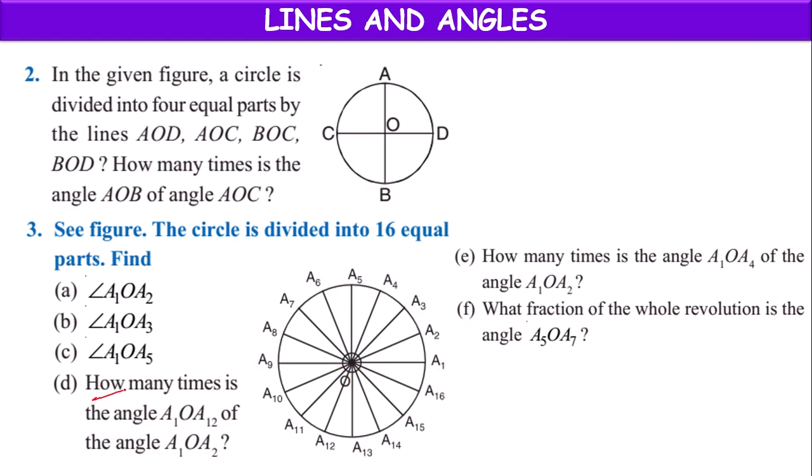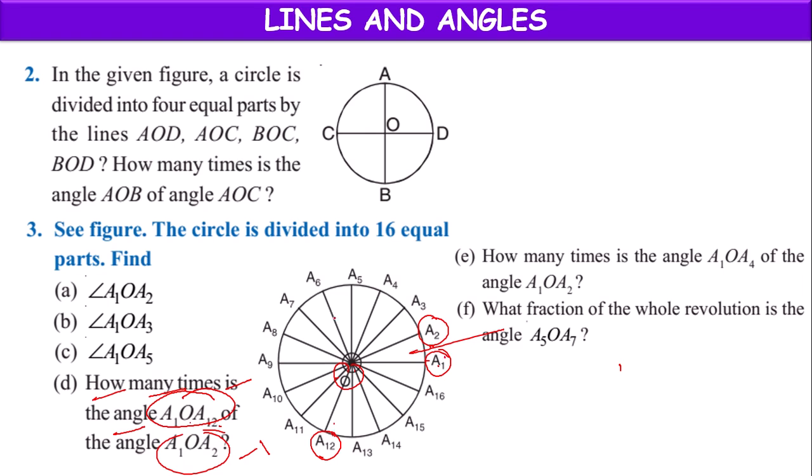Next. How many times is the angle A1, O, A12 of the angle A1, O, A2? A1, O, A2 is one part. But A1, O, A12, how many parts?